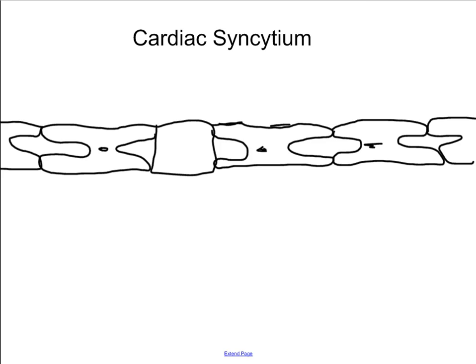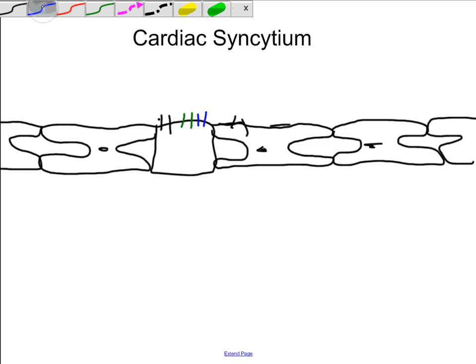So then if we take a look at the cardiac syncytium in general, again, we would see these sodium channels, potassium channels, and a little bit of calcium. And then same thing with the cardiac muscle cells: sodium, calcium, and potassium.